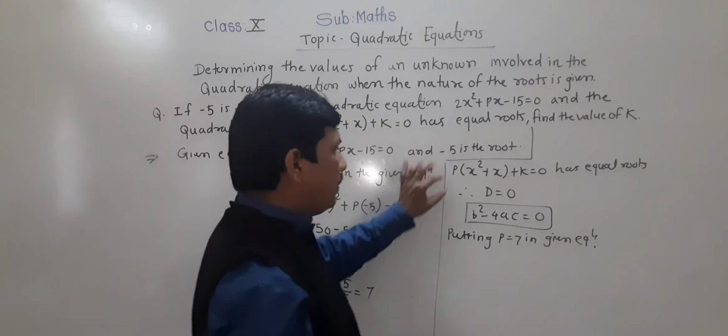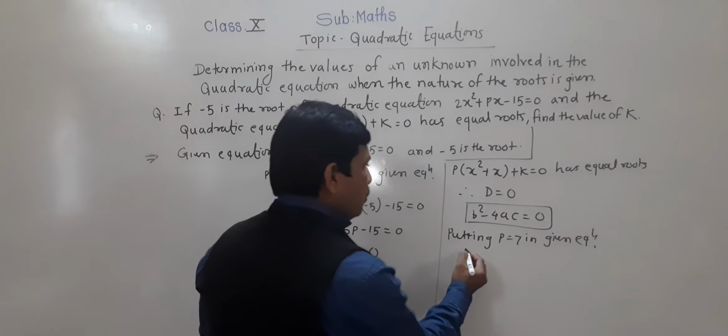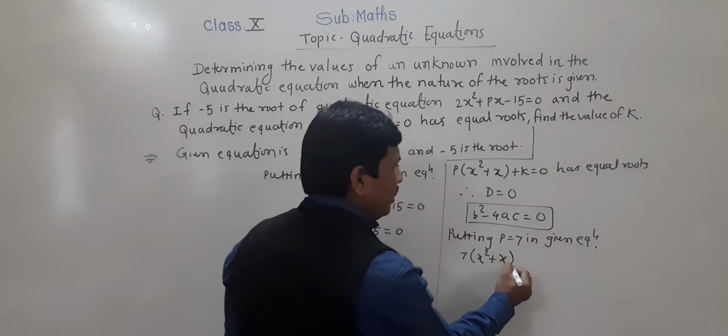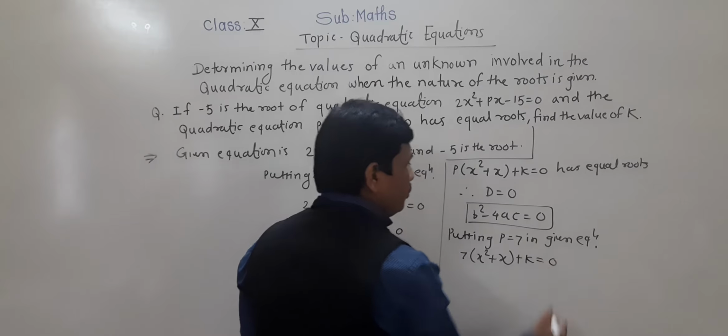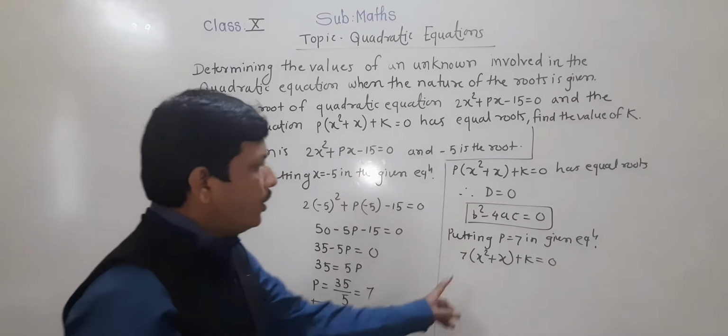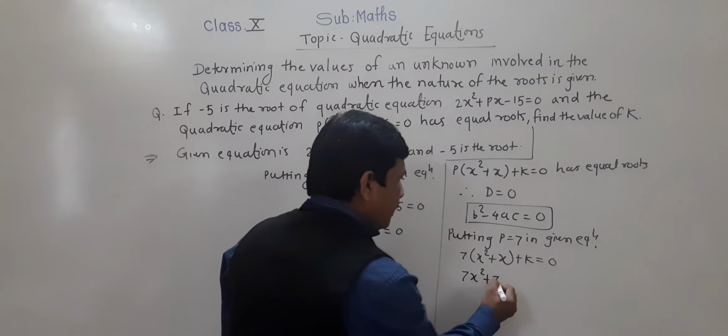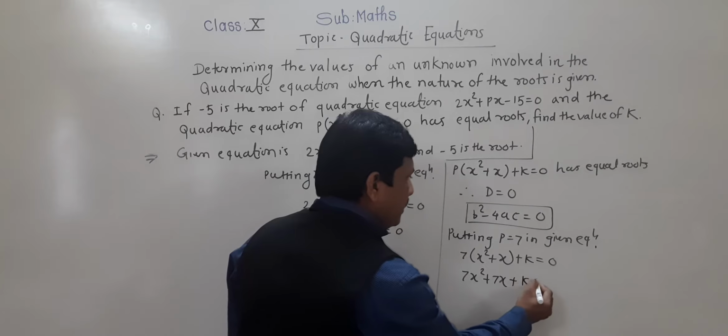Directly I am taking p is equal to 7, so 7 into x square plus x plus k is equal to 0. Now solve this bracket: 7x square plus 7x plus k is equal to 0.